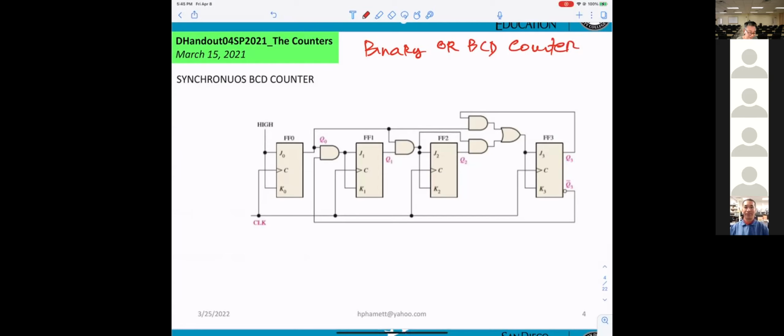Okay, what does BCD stand for? Binary coded decimal.